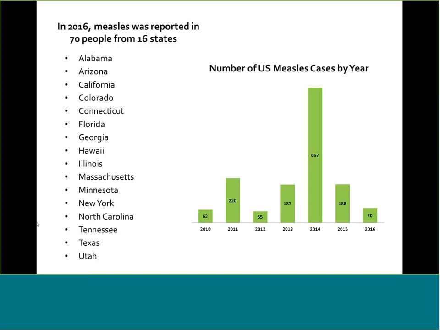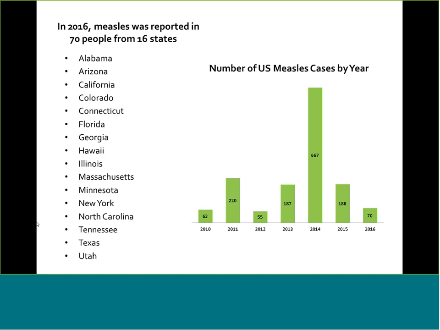So here you can see the number of U.S. measles cases per year from 2010 till 2016. I don't have the graph for 2017 yet, but I'll tell you a little bit about that data. You can see the biggest outbreak was in 2014 when we had 667 cases reported in the United States.